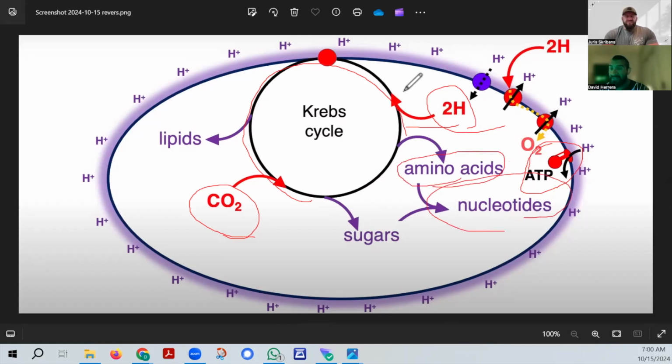In fact, when the Krebs cycle moves in a counterclockwise direction, we actually know this, it is about 4 times more efficient at making amino acids and nucleotides. So in other words, when it moves counterclockwise, you are a building machine. You are building lots of amino acids, lots of peptides, and lots of nucleotides. You are essentially in build mode when it moves in this direction.